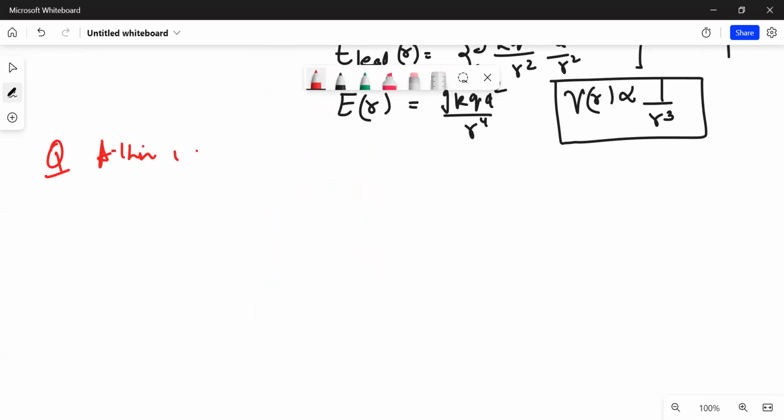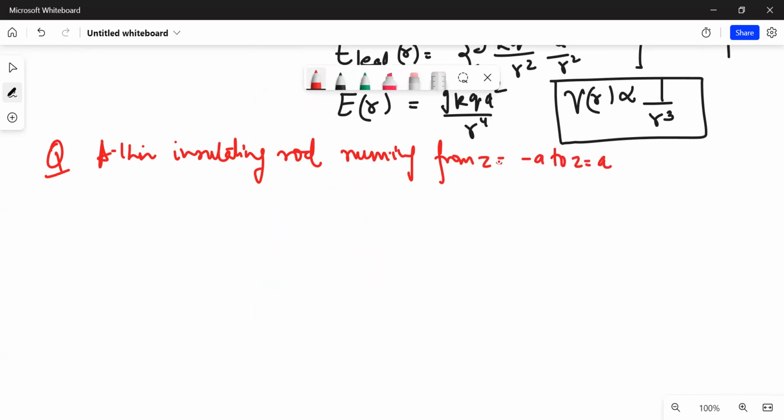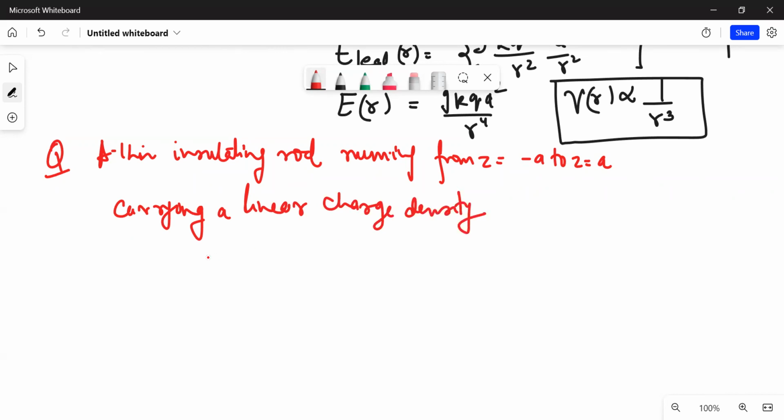So in a thin insulating rod, the same question that we were doing, running from minus a to plus a, running from z equal to minus a to z equal to a, carrying a linear charge density lambda equal to k cos(pi z upon a), where k is a positive constant.